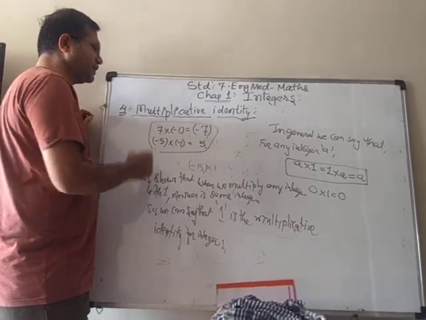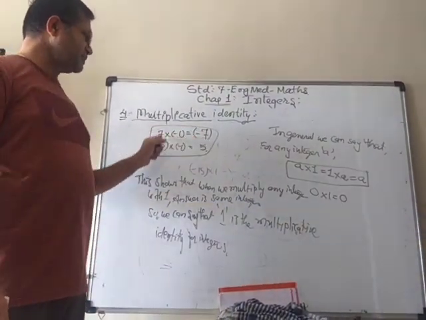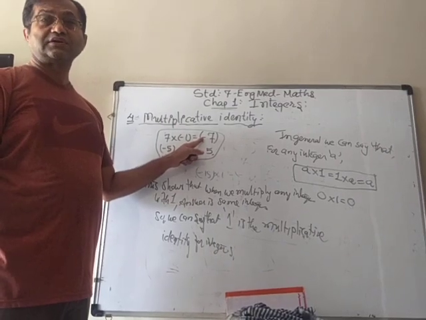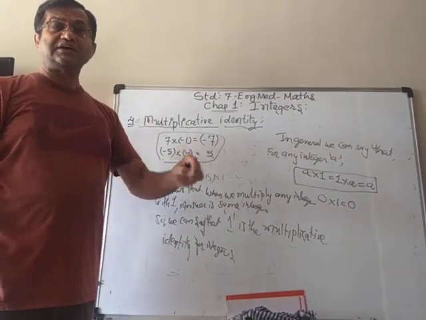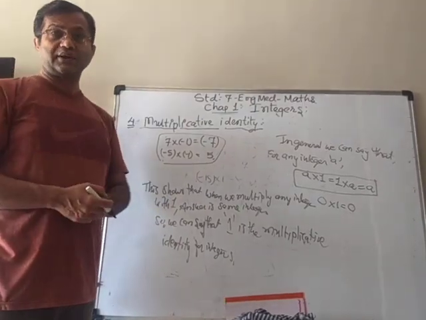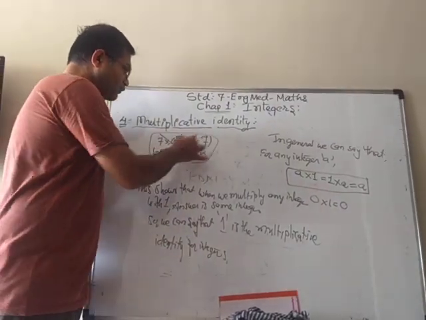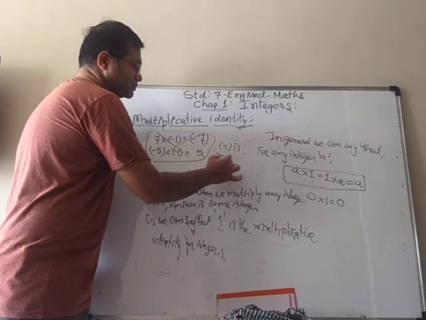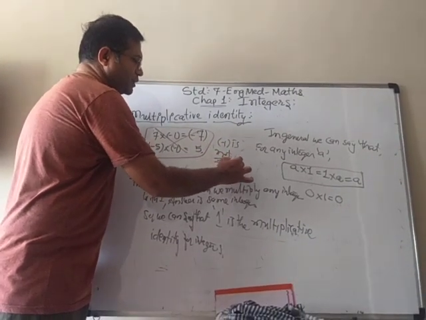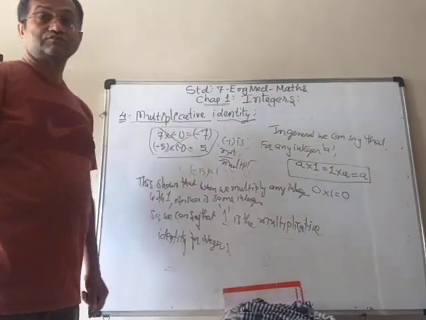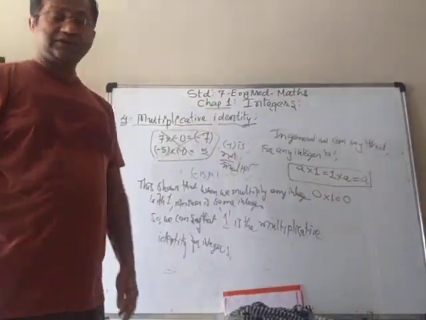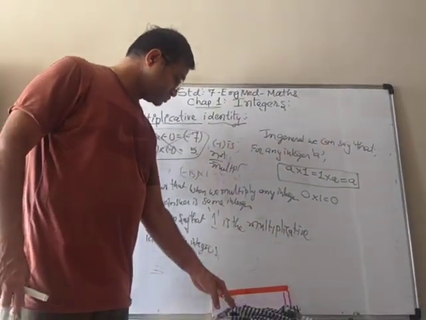So here you will see that the digit is coming the same, but the sign is changed. Not the same integer is coming, the opposite is coming. It means that minus 1 is not the multiplicative identity. Only 1 is the multiplicative identity.